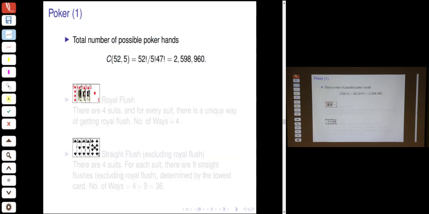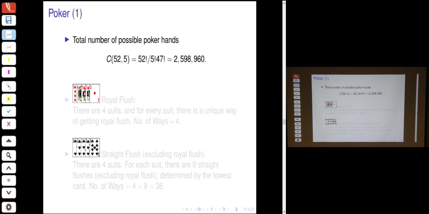Right. Now we can calculate the typical example. Okay, so we have cards, right? The total number of poker hands. We have 52 cards. There's no jokers, I guess. Each time we choose 5.